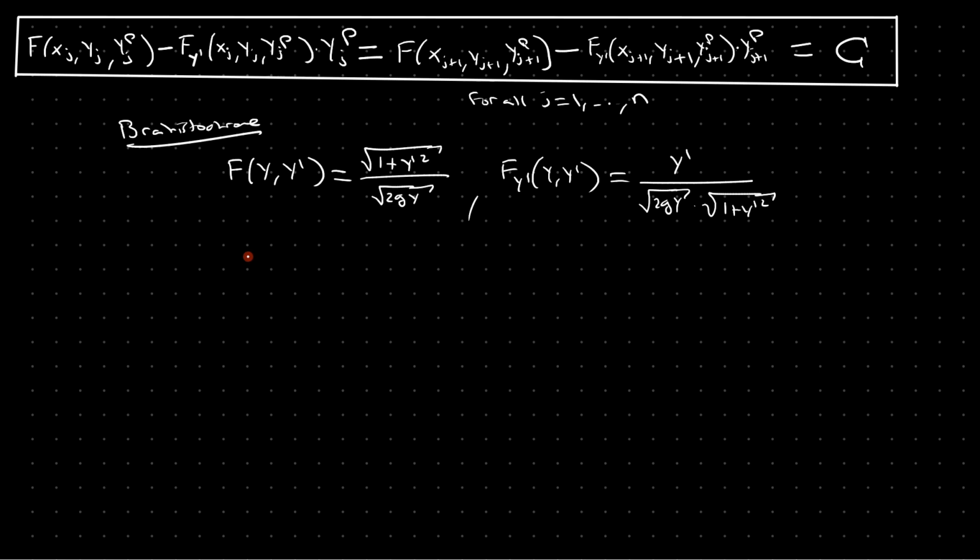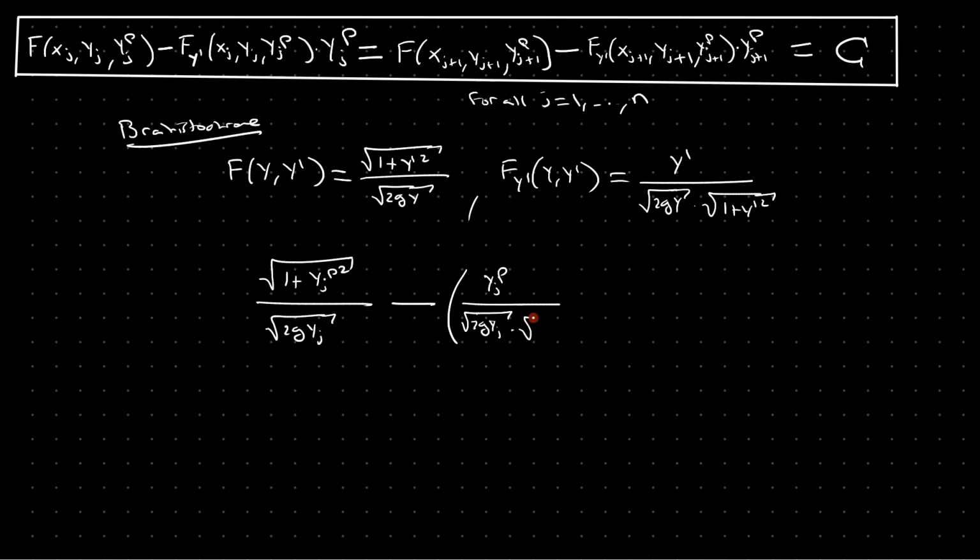So plugging in here gives us that this term right here is the square root of 1 plus yjp squared over the square root of 2gyj, minus fy prime, which is going to be yjp, because that's what we need to plug in here, over the square root of 2gyj times the square root of 1 plus yjp squared, times yjp. This has to equal the constant c for all values of j.